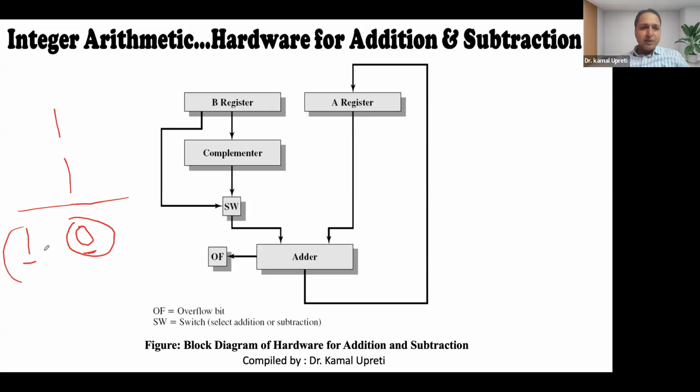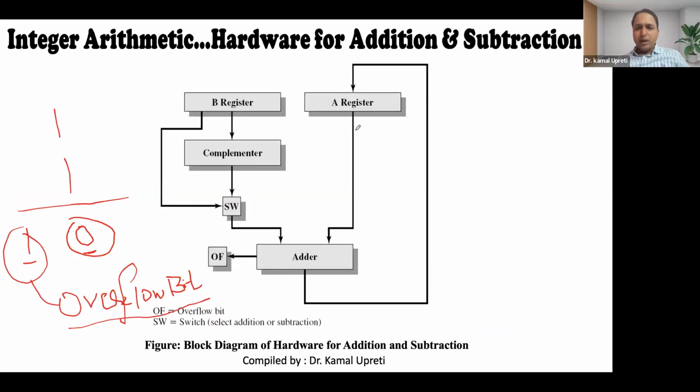So that carry 1 becomes an overflow bit. Overflow means you are taking values or bits beyond that particular range, and that we call an overflow.